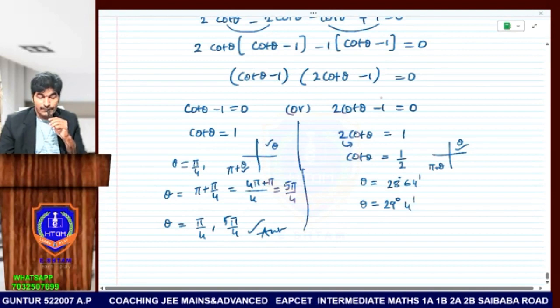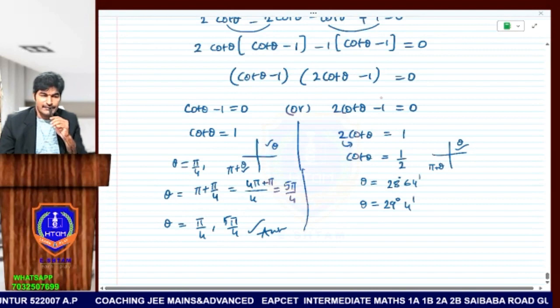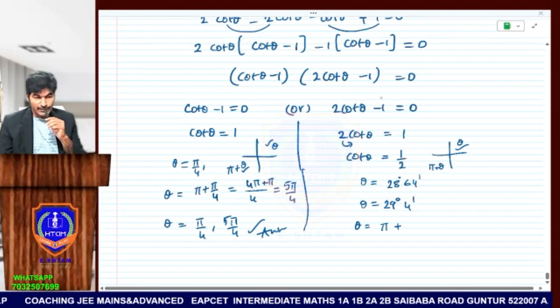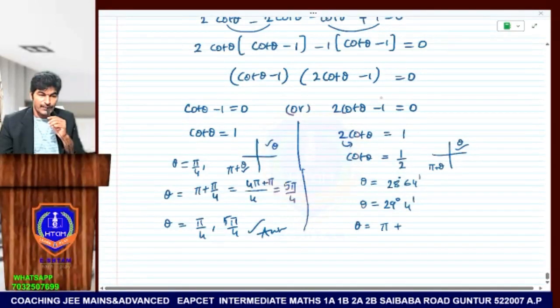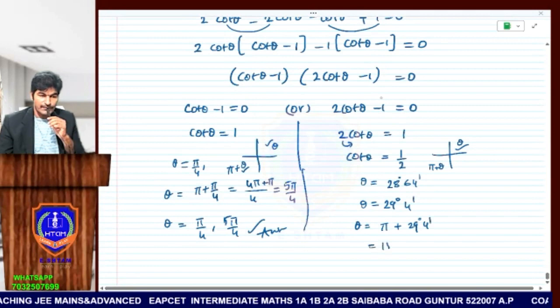And we have to convert this into pi's, or otherwise take this as it is and add one more pi to that, because another angle exists in the third quadrant. So the third quadrant angle is pi plus 29 degrees 4 minutes. Pi means 180 degrees. 180 degrees and 29 degrees 4 minutes.